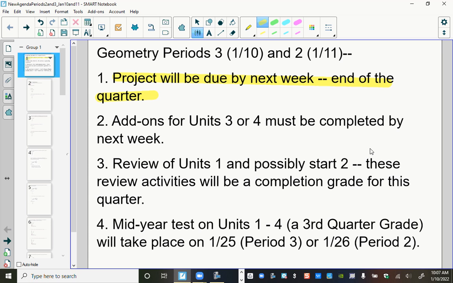You're going to use these note packets, but for this main test, I'm going to limit you. Rather than all the note packets, you're going to make your 1 page, front and back.